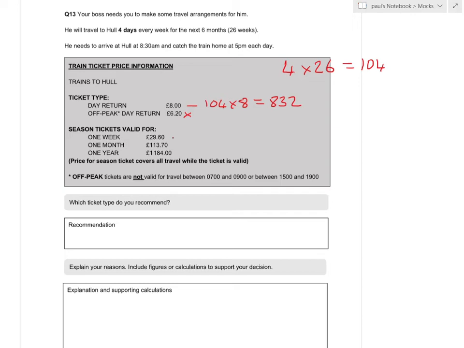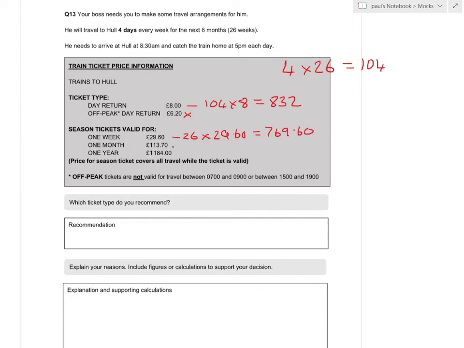Right, a weekly ticket. Now there was 26 weeks. So 26 times 29.60 is 769.60.